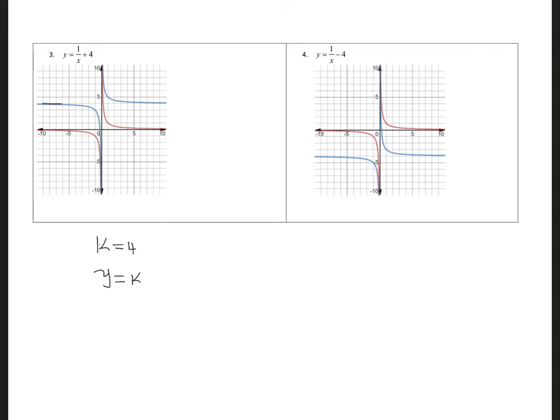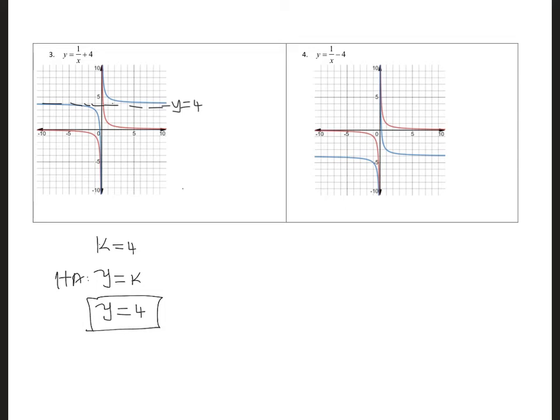I see here the horizontal asymptote is at 4, the line y equals 4. So the horizontal asymptote is given by y equals k, which is y equals 4. So just by knowing the k value, you know what the horizontal asymptote is.